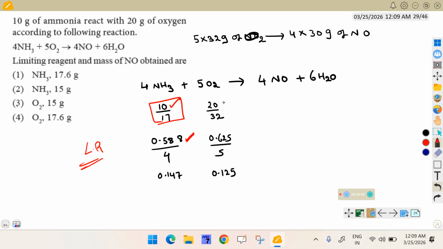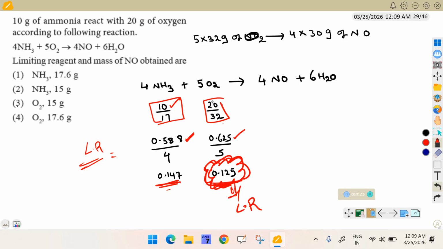Oxygen: 20 grams divided by 32 is 0.625. To find the limiting reagent, divide the number of moles by the stoichiometric coefficients. Then the value for NH3 is 0.147, and for O2 is 0.125. The lesser value is for oxygen. So oxygen is taken as the limiting reagent.